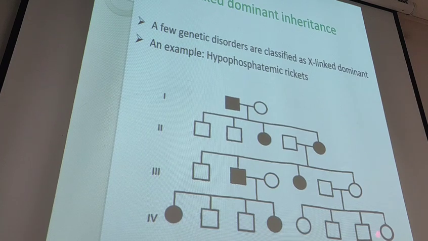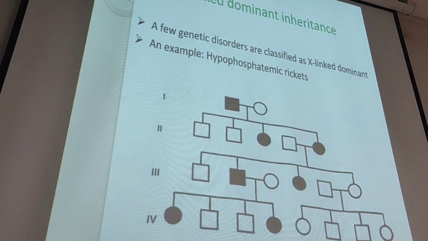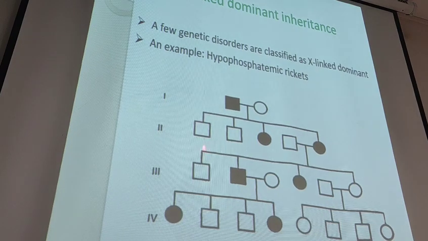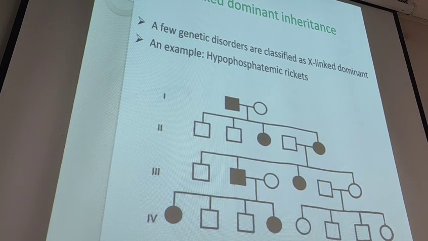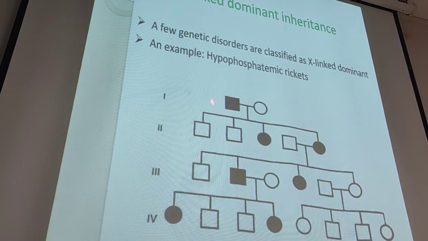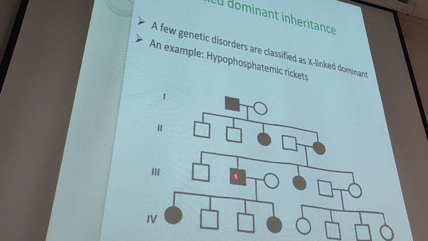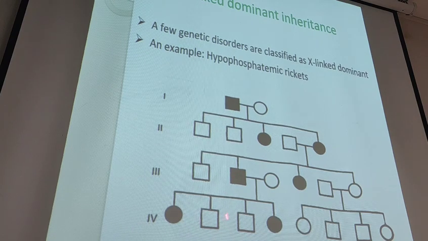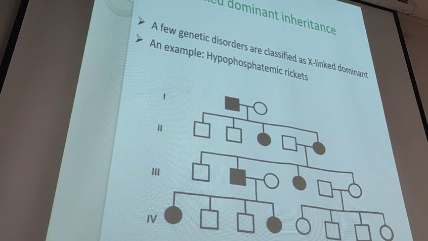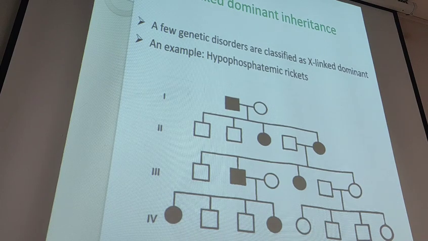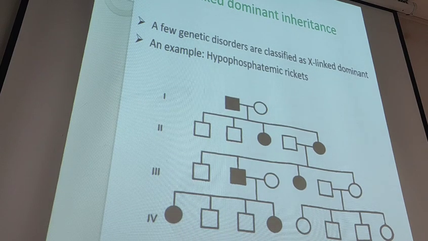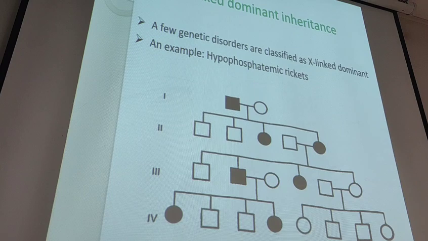We have both sexes affected almost equally, okay? But we do not have male to male transmission. This affected male doesn't have any affected son, and this affected male also doesn't have any affected sons. So we do not have male to male transmission, so we can say this is not autosomal dominant, this is X-linked dominant.